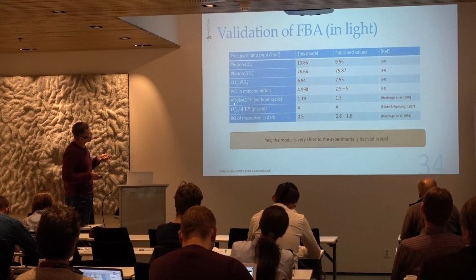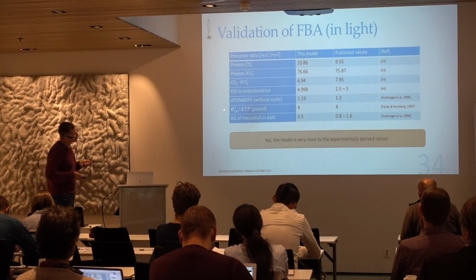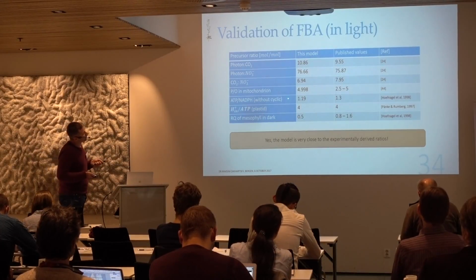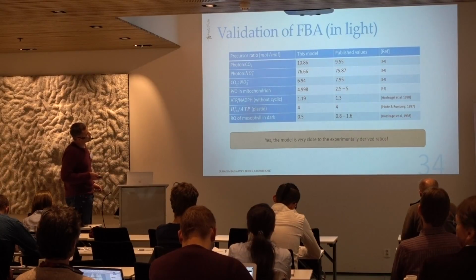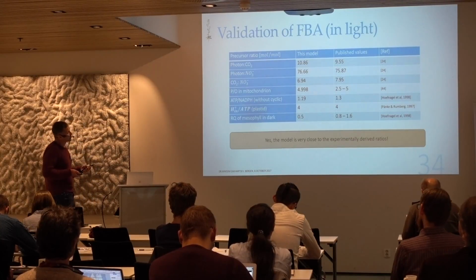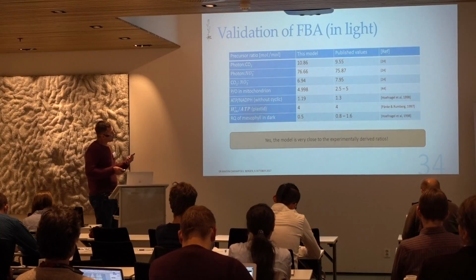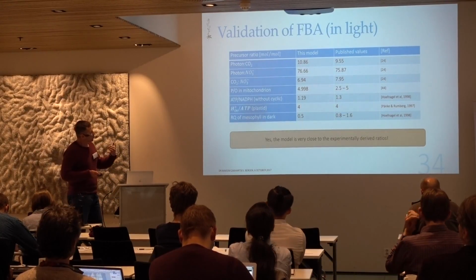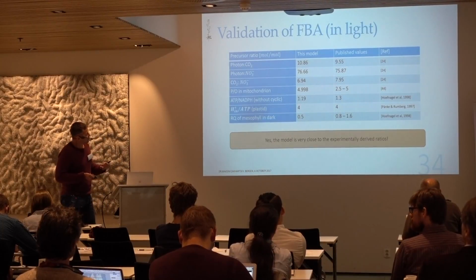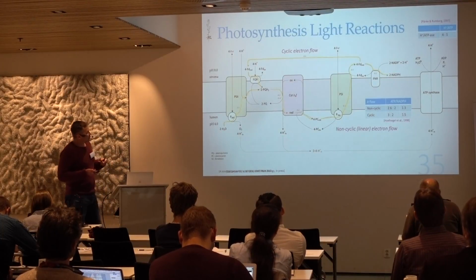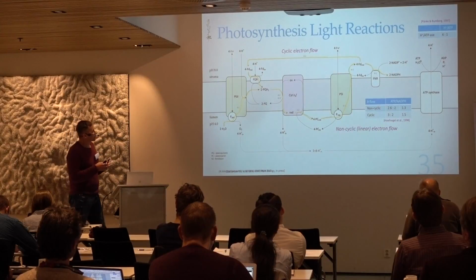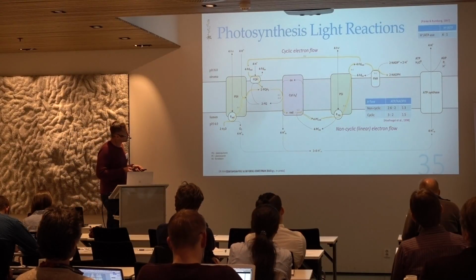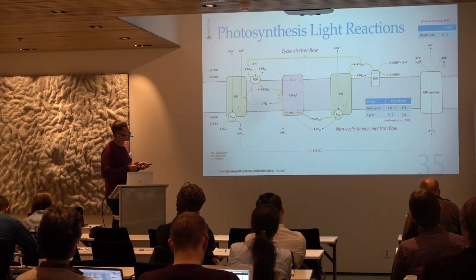The different aspects of the model which are predicted are actually very close to what is measured in experiments. So that's why we have grounds to say that our model catches the processes we've been focusing on more or less adequately.